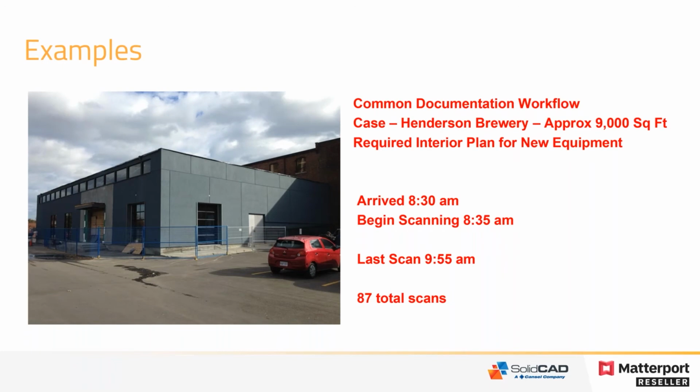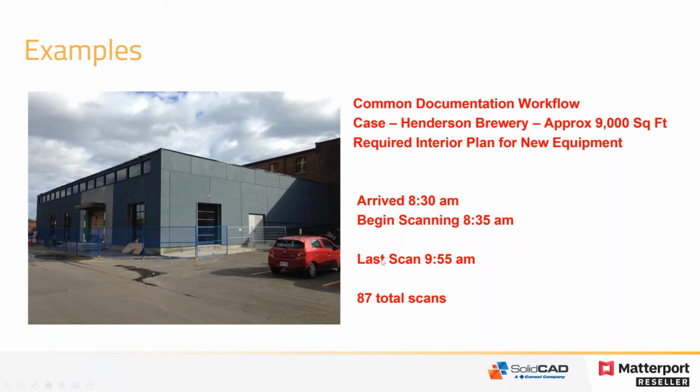So we're going to look at an example that I did a couple of years ago, and this is a great typical case study. This is about a 9,000 square foot facility right here in Toronto, Henderson Brewery. I always say, especially with the COVID situation, support your local businesses, especially all those craft breweries, if you can.